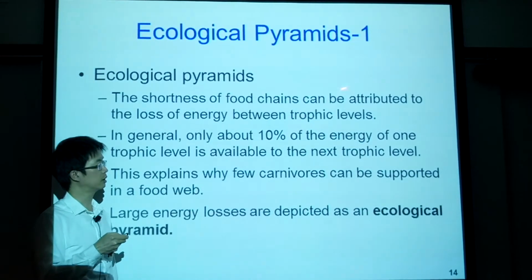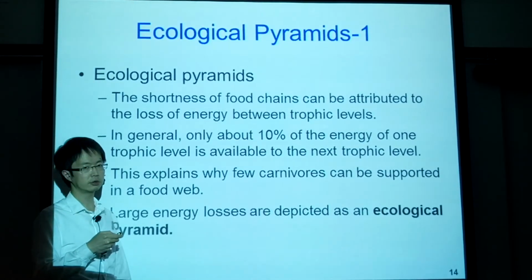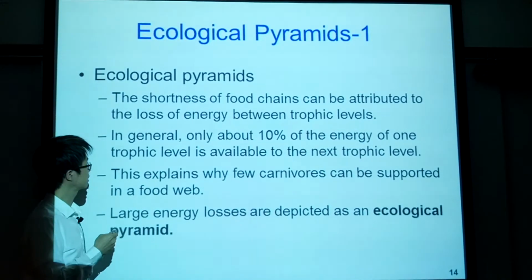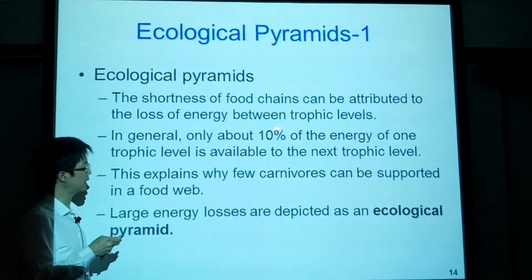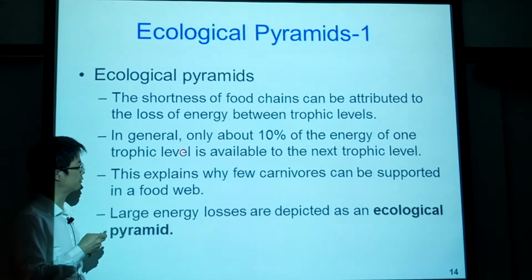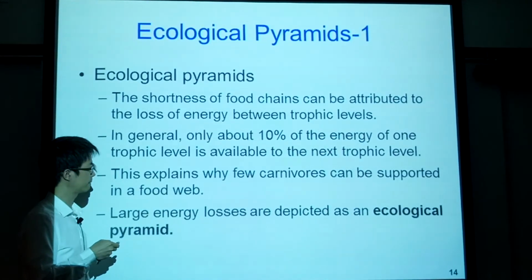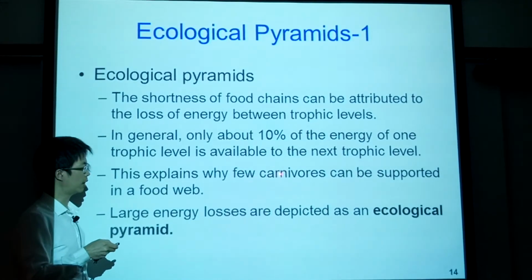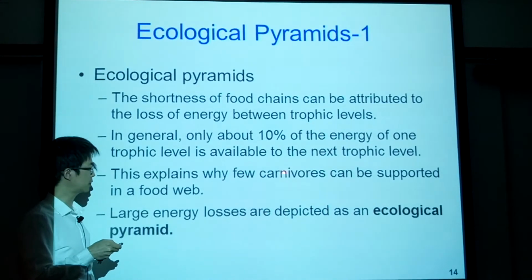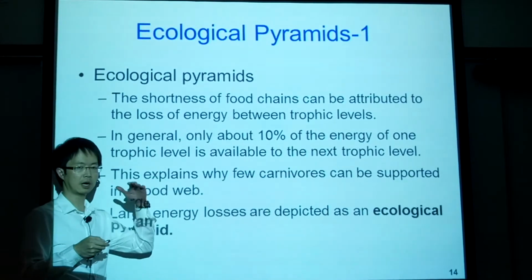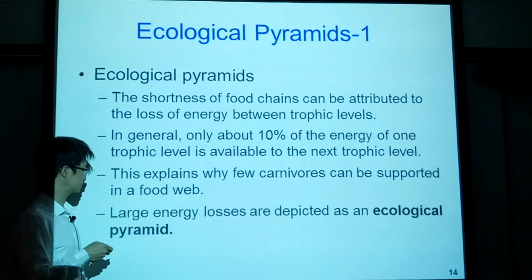Each trophic level will lose some energy. So it is said that about 10% of the energy of one trophic level is available to the next trophic level. That explains why we have fewer and fewer carnivores at the higher trophic levels.